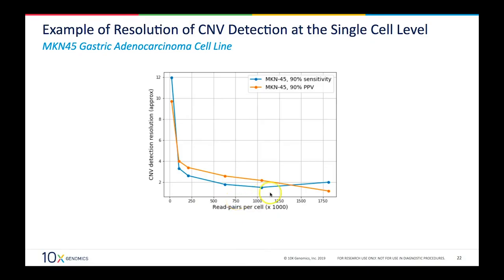As the number of reads per cell gets higher, you're completely plateaued at around a CNV resolution of 2. And you can see that as you start dropping the number of reads, your resolution is decreasing. But really, you can go all the way down to 200,000 and maybe even less, and you will still have the power to call the expected copy number variations in this MKN cell line.